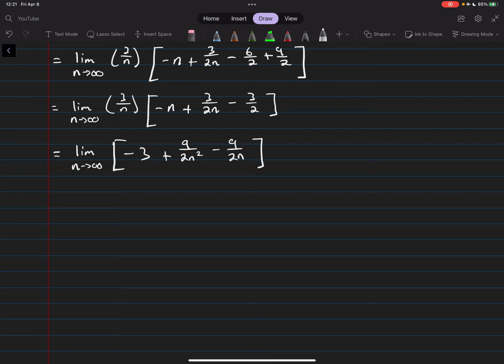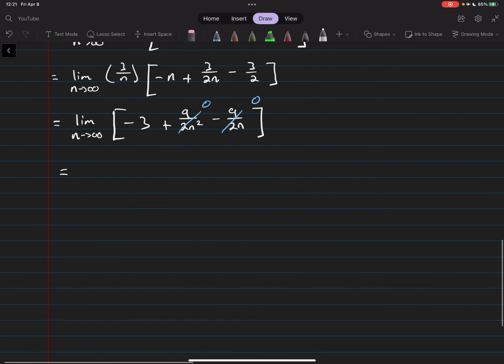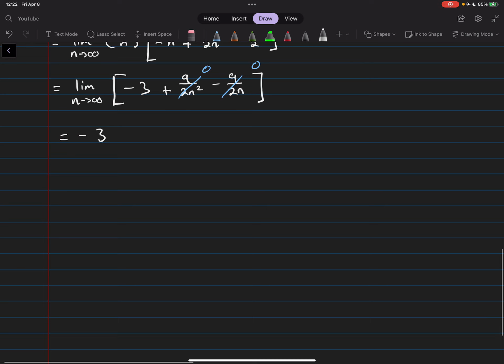Okay, so then you should recall from your limits at infinity that this term will go to 0 and this term will go to 0. So then the next line is just going to be equals negative 3. And that's your answer. And we can double check this by doing an integral.